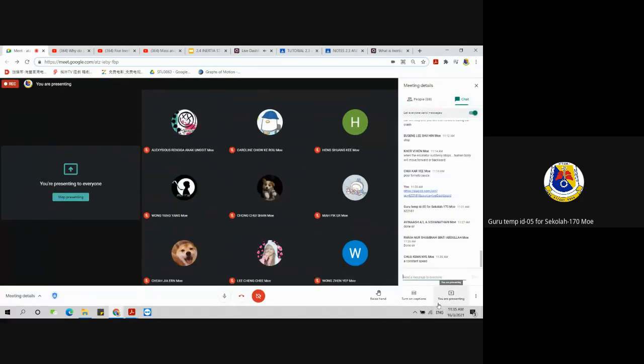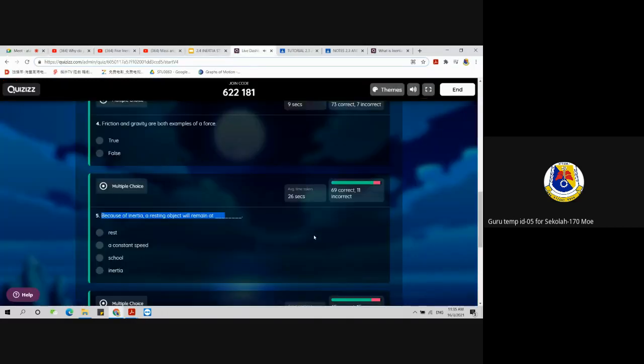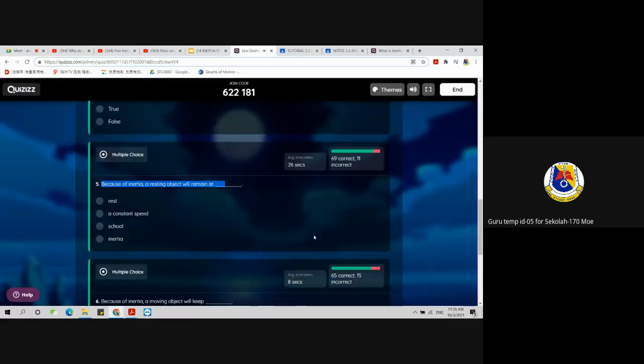Chat box. If moving will remain at constant speed. Okay. How about others? Give me your answer.